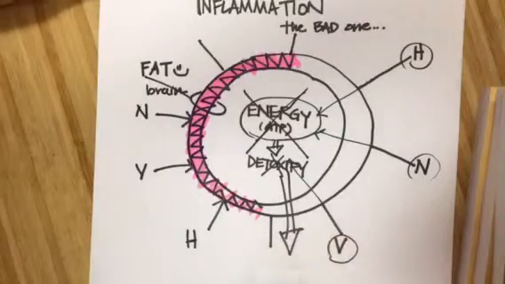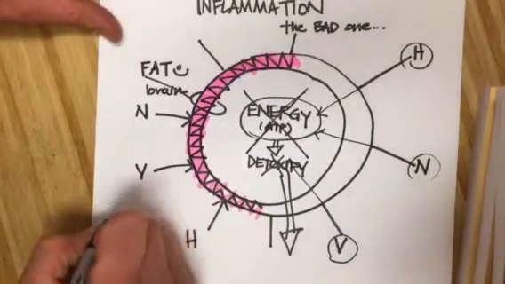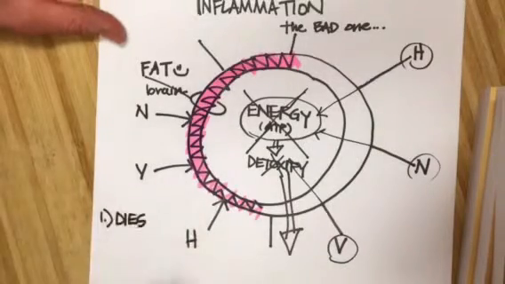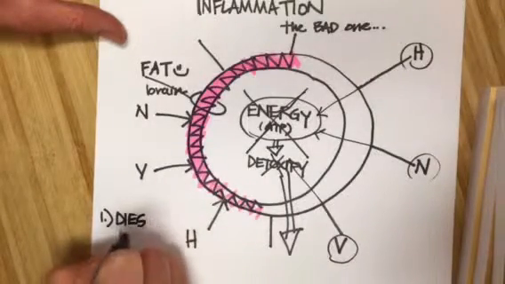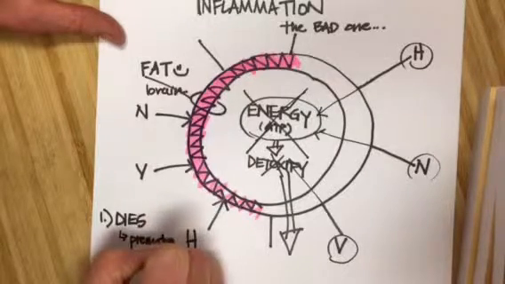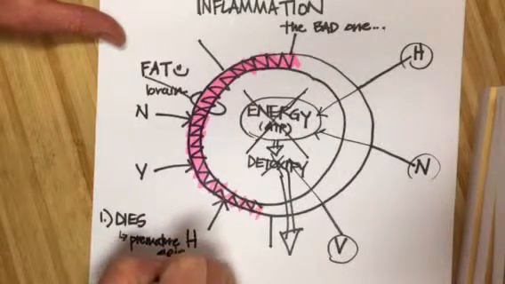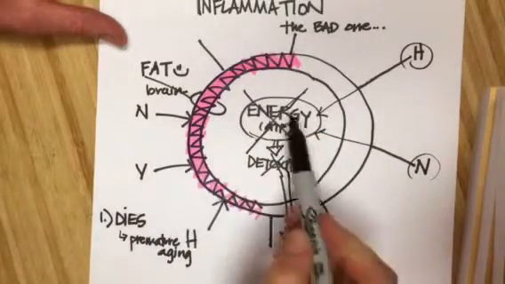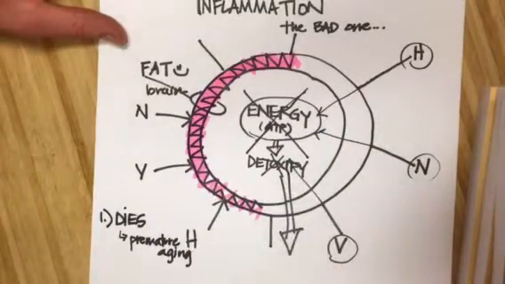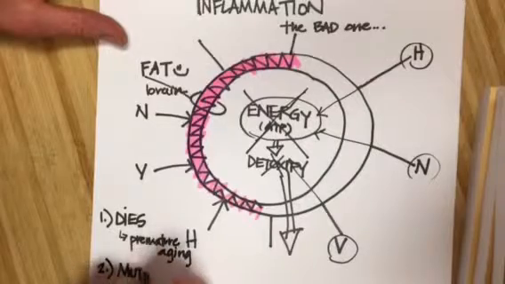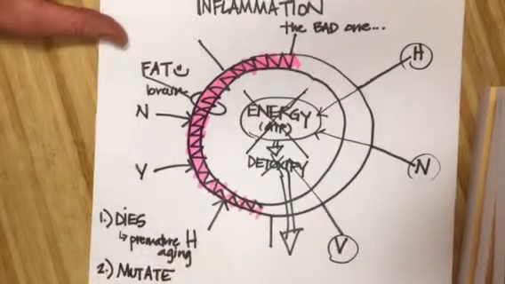The cell either, I'm going to put it over here, dies, which is also known as premature aging. Okay, so this cell that is suffocating, not producing energy, and not detoxifying is either going to die early or it is going to mutate.